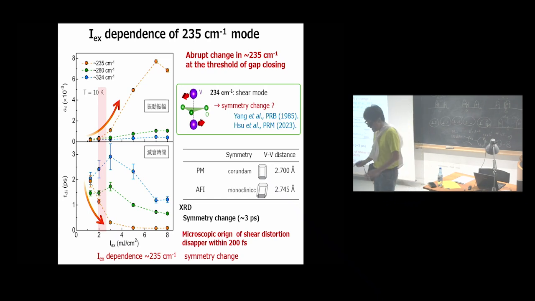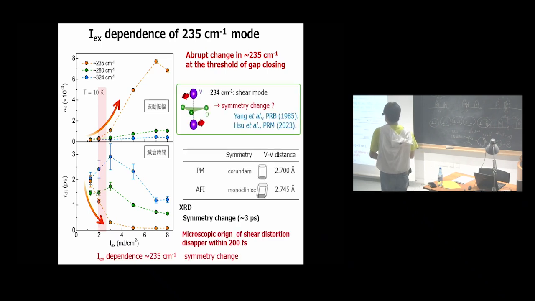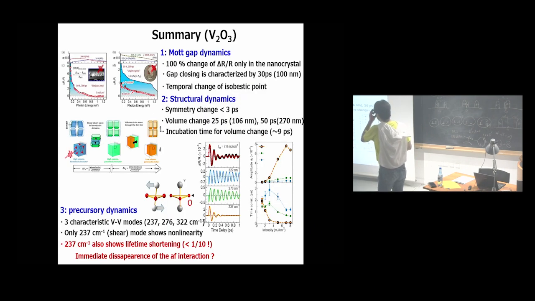I'm not sure of the origin of this relation, but considering that, as I told in the introduction, this CR mode stabilizes the antiferromagnetic electronic state, the driving force, the reason for this CR distortion, suddenly disappears by the light excitation. So that may be the reason for the very fast decay of only this mode. Okay, I have to summarize my result.